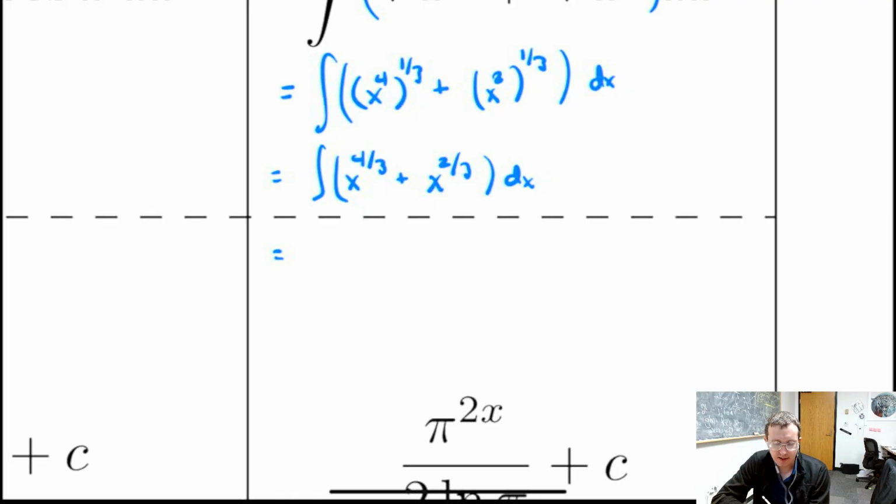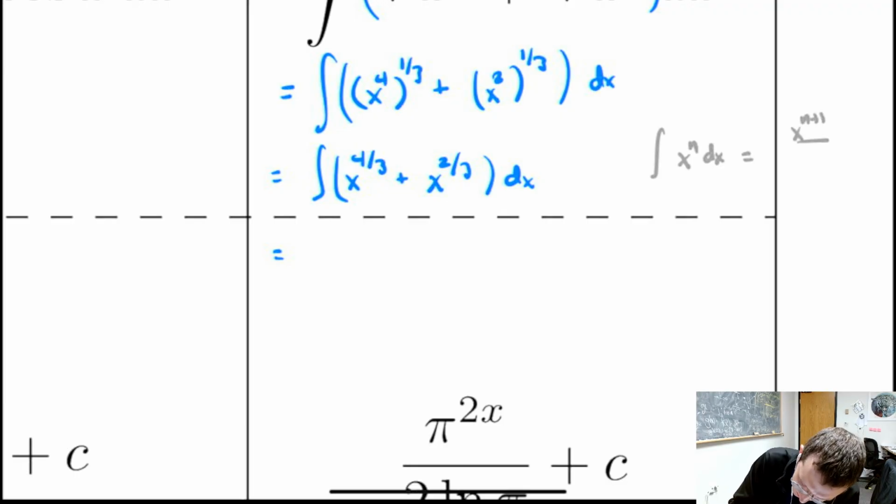Now, in practice, it might be simplest if you commit to memory the fact that the integral of x to the n is x to the n plus 1 divided by n plus 1 plus c.